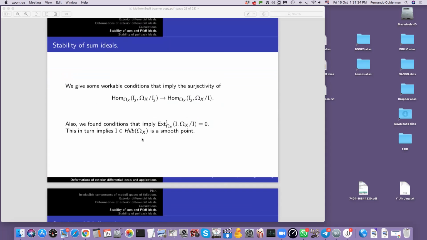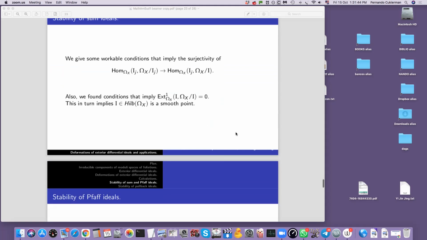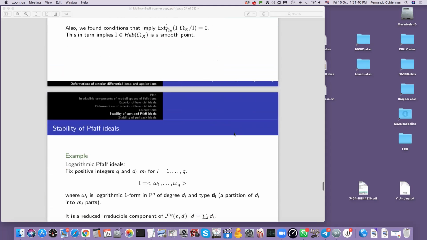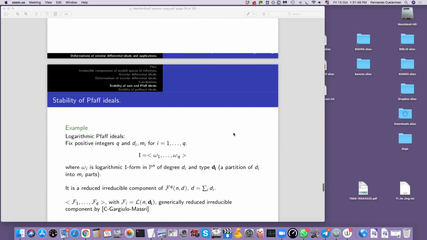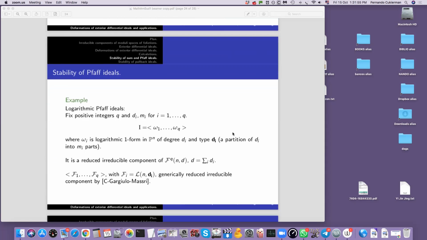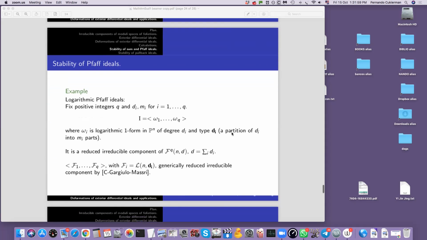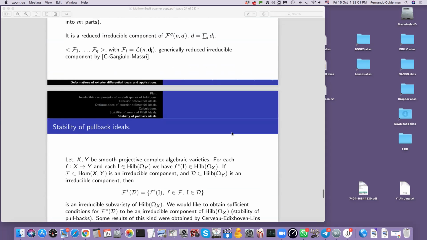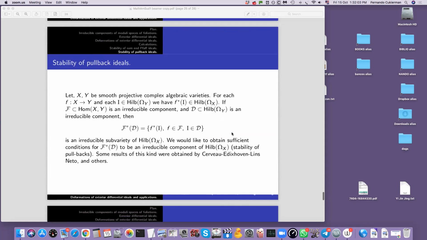We also have some condition to imply that an ideal is a smooth point of the Hilbert, of the moduli space. And I was planning to talk about another problem, which is the stability of pullback ideals.